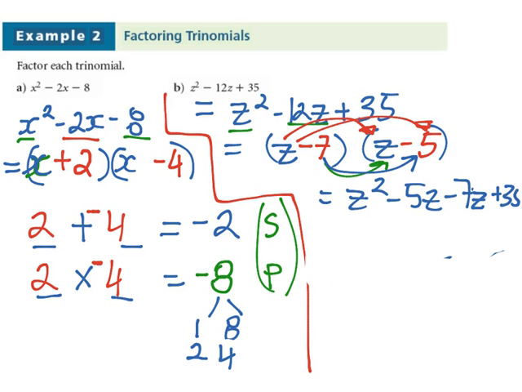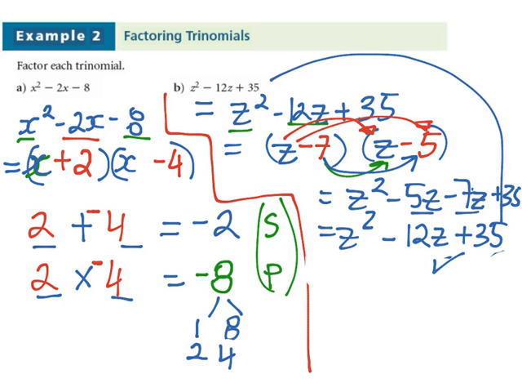Then we're going to collect like terms. We'll get z squared minus, well, we have to collect these two. So negative 5 minus 7 is negative 12z plus 35. And this is your verification. This is exactly the same thing as we see in the question. So we have verified. And check mark.